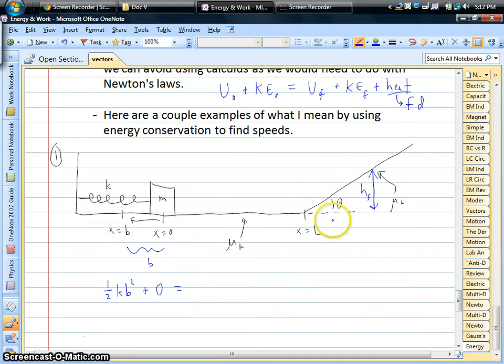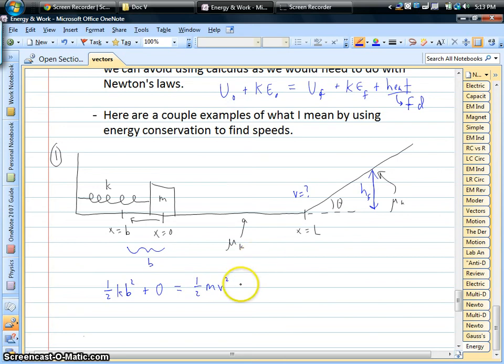Well, there's a couple things we could do with this. One thing would be, how fast is it going by the time it gets to the hill? That might be the question. If that's the question, then some of the potential energy of the spring will go into the kinetic energy.